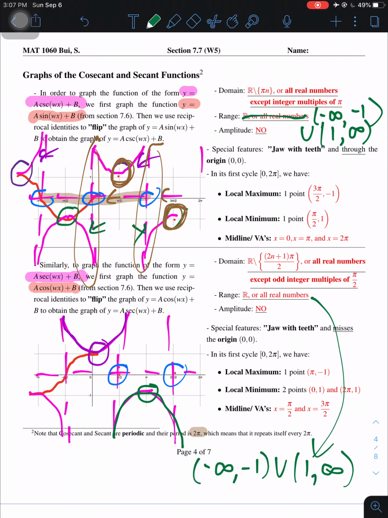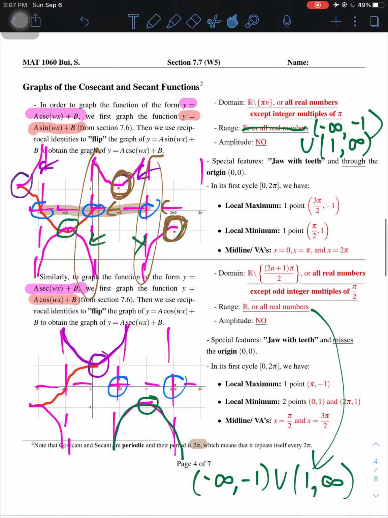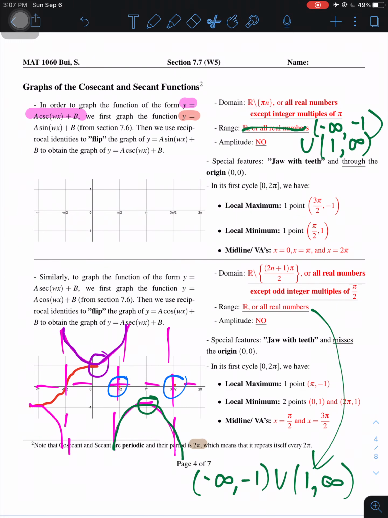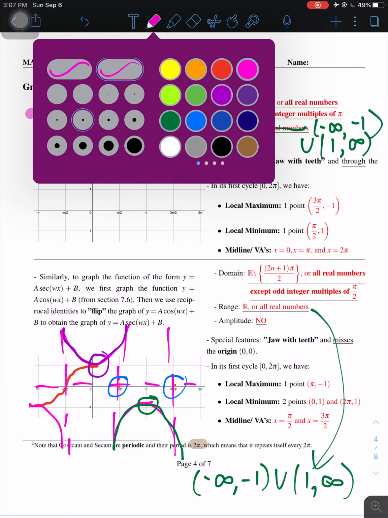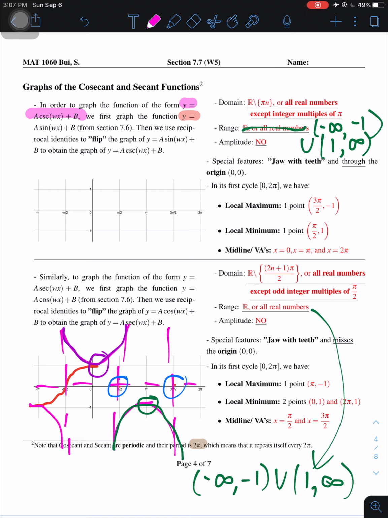So here, let me clean this up so then you can actually see the functions of cosecant in here. Let me also put it in pink again. So if you remember, it's gonna look like this. It's gonna look like this. Okay, it should be more open, like that.